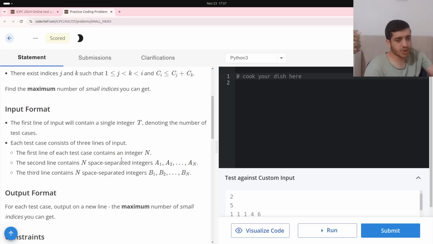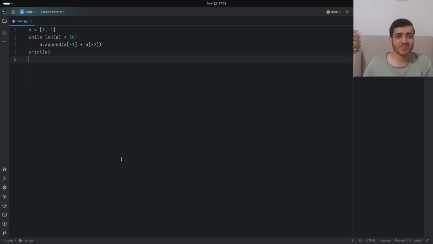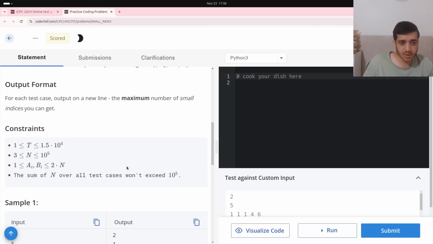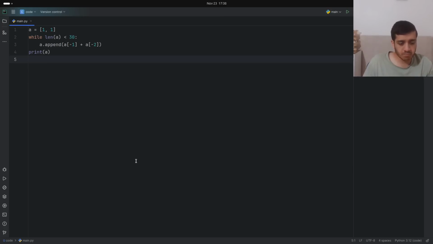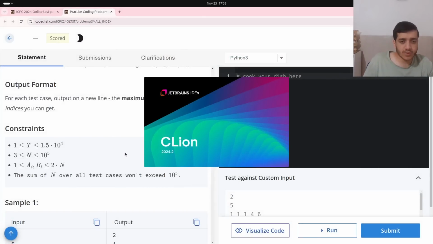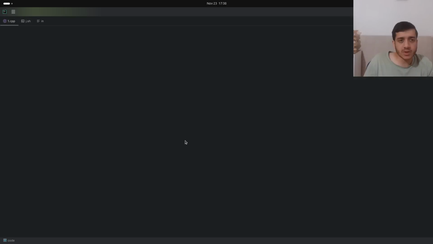So maybe we do backtrack and try our chance. What do you think? Maybe there are not that many states and it can pass, huh? Let's try. I don't know if it's going to pass or not, but I will try with C++.